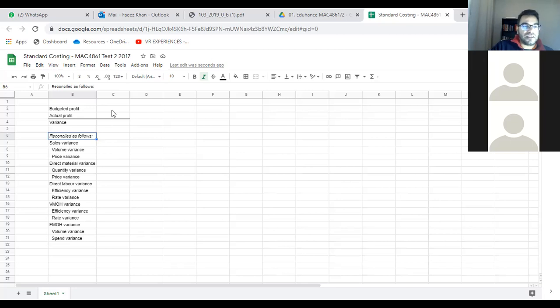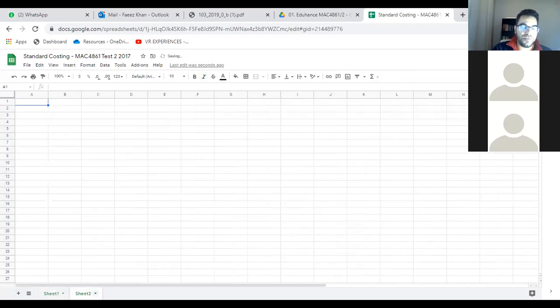I do it like this, okay? But in some questions, they'll give you the format and then you have to stick to the format. So in some exams, they're going to say, start off with budget profit and then end up with actual profit.